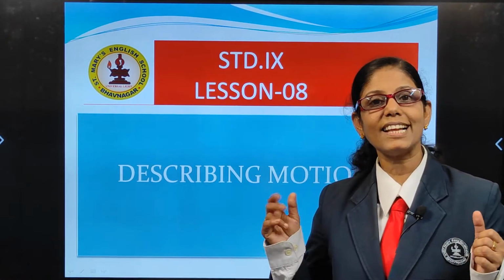He travelled from here like this and he came back to his initial point. So, what is the displacement of the body? That is equal to 0. Why? The initial position is here itself and his final position is again here itself. Therefore, final position minus initial position is equal to 0. Is it clear?